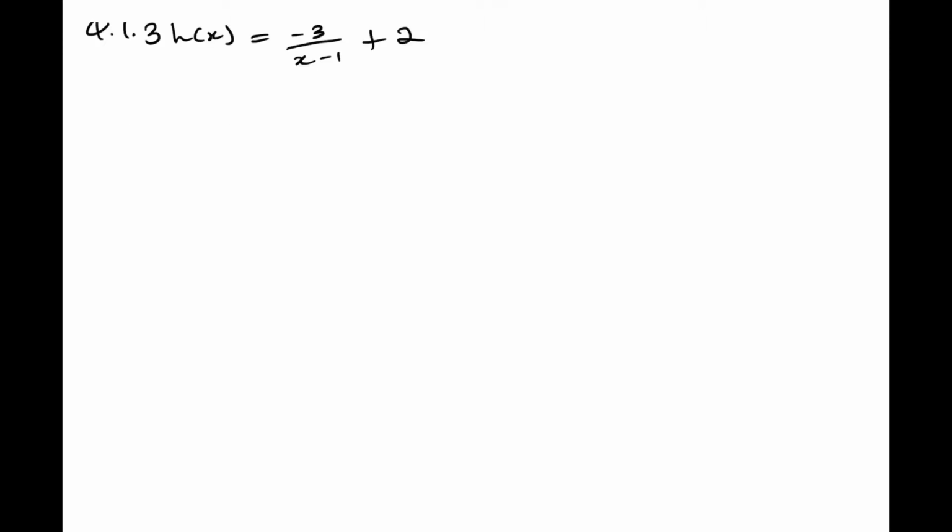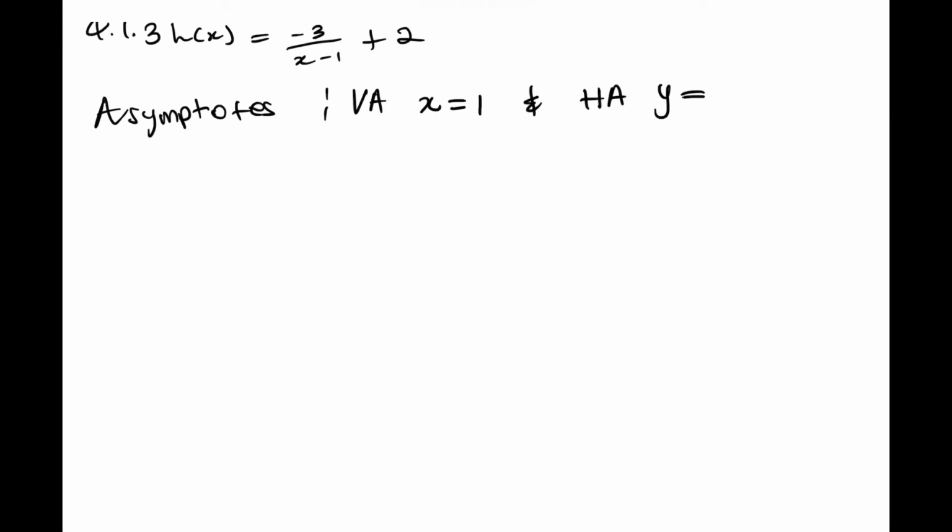So in question 4.1.1, we found that the asymptotes were as follows. The vertical asymptote was x is equal to 1, and the horizontal asymptote was y is equal to 2.